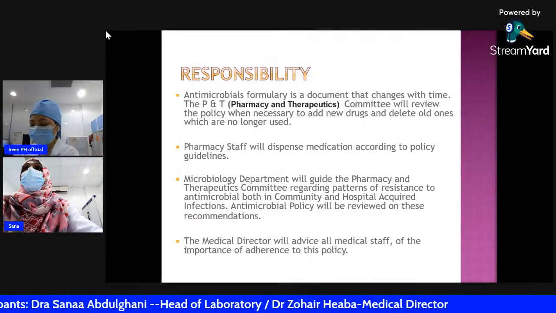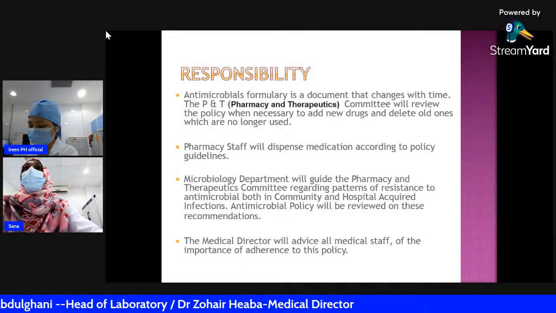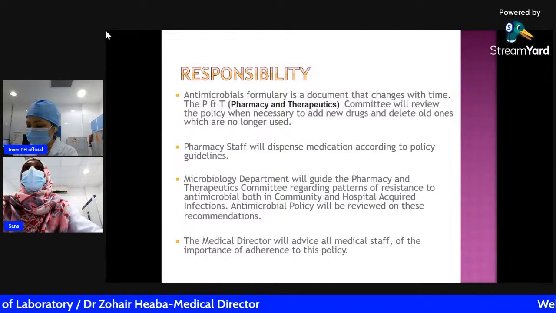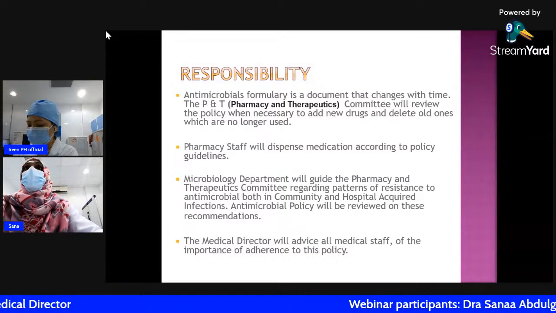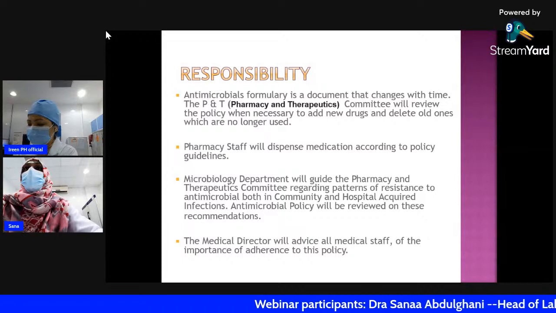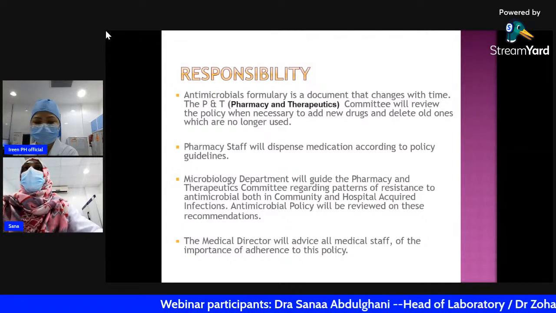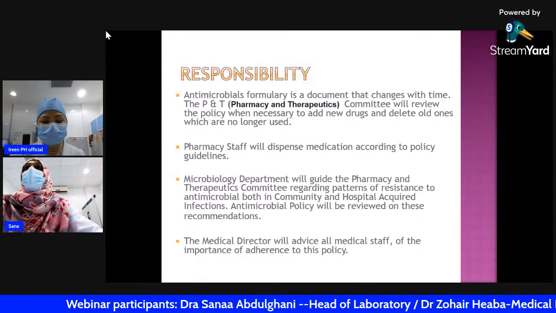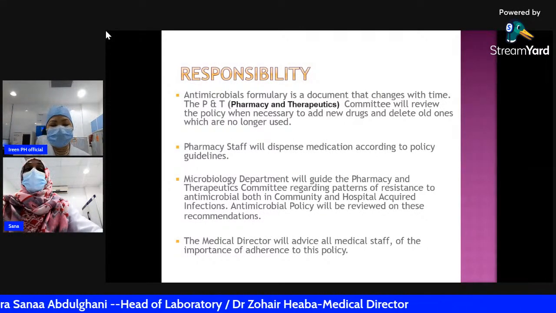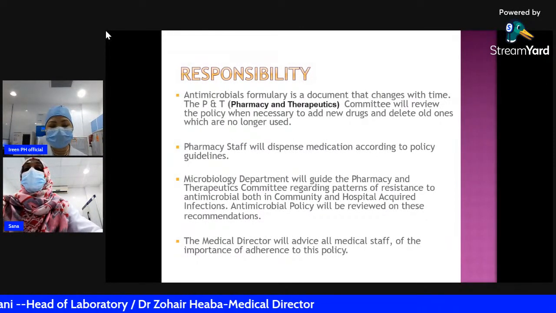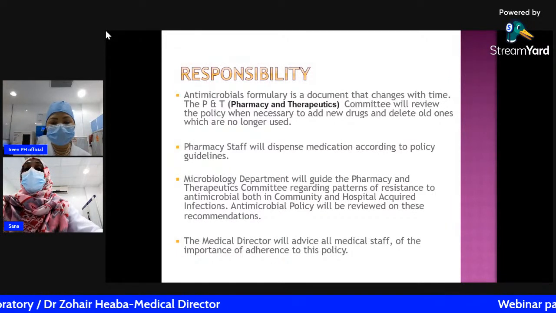The antimicrobial policy will be reviewed on this recommendation because the microbiology department performs cultures and antibiotic sensitivity, and can give a list of antibiotics to which the most common bacteria are resistant.